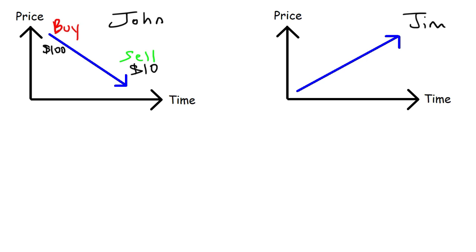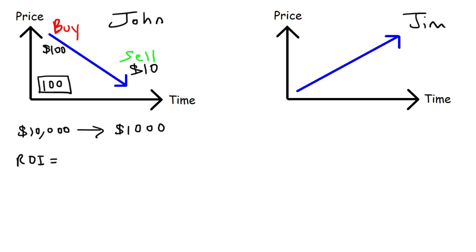And let's say he owns 100 shares of stock. So his initial investment is $100 times 100 shares, which is $10,000. And now he sells those 100 shares for $10, which is a value of $1,000. So he's at a $9,000 loss.